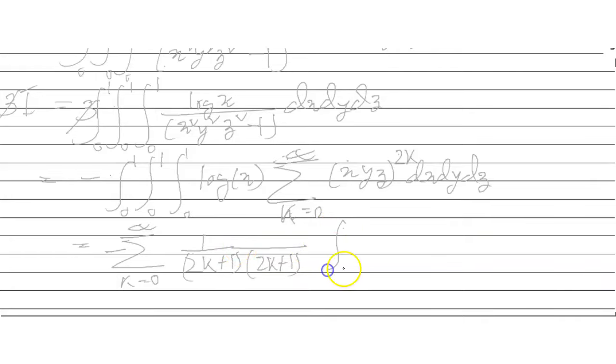into 0 to 1. This is because of y to the power 2k and z to the power 2k. So the integration of 0 to 1 y to the power 2k dy is equal to 1 by 2k plus 1, and integration 0 to 1 z to the power 2k dz is equal to 1 by 2k plus 1. So whatever I have, x to the power 2k into log x into dx.